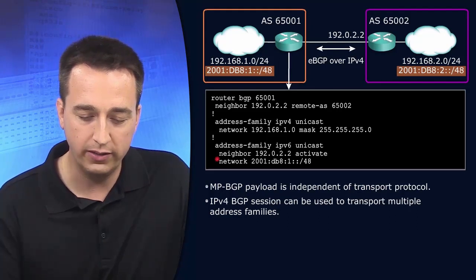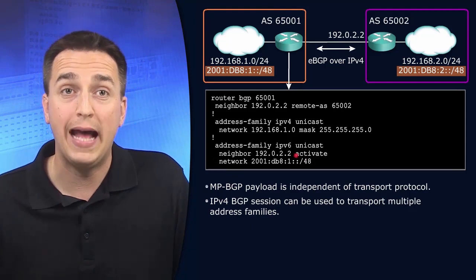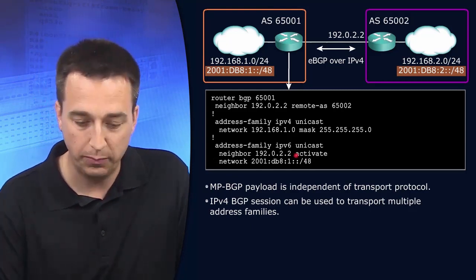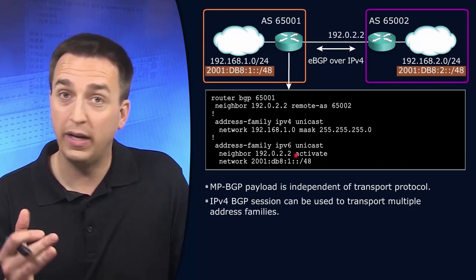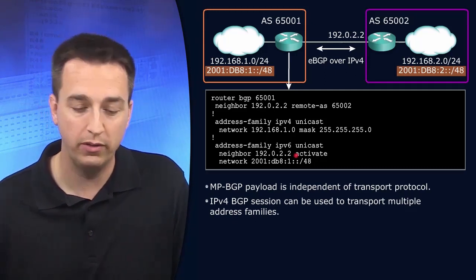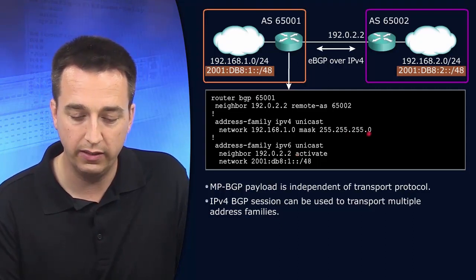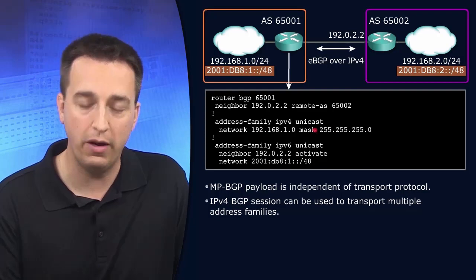One thing you might notice is that network command, it's not asking for a mask. We simply just specify the prefix. But it still wants an exact match that you have in the routing table. So as before, when you learned about the network command, this has to be an address and a mask in the routing table for IPv4.